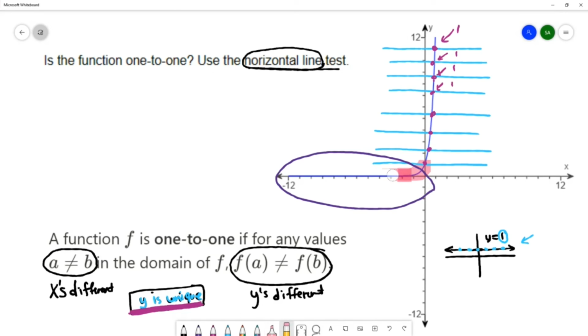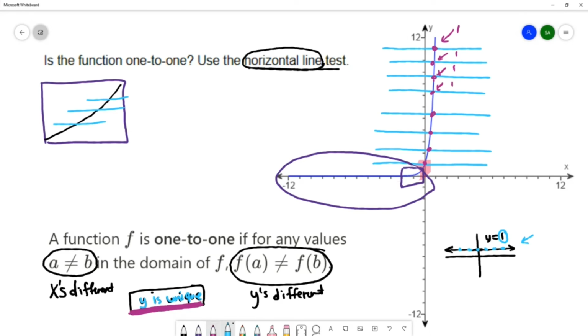So if you could imagine for a second, if I were to zoom in on this portion of the graph, you can see that you have a curve that's going down like this. And if you did the horizontal line test on that portion of the curve, you would only intersect in one point.